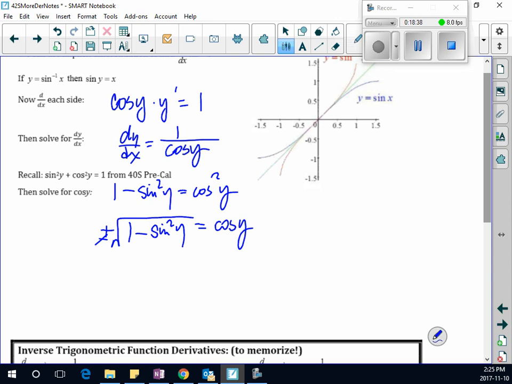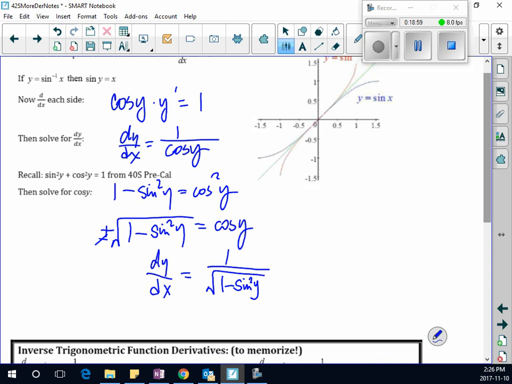Moving on. We're now going to substitute cos y with this. So that means dy/dx equals 1 over the square root of 1 minus sine squared y.